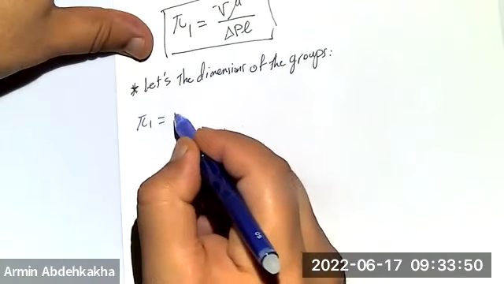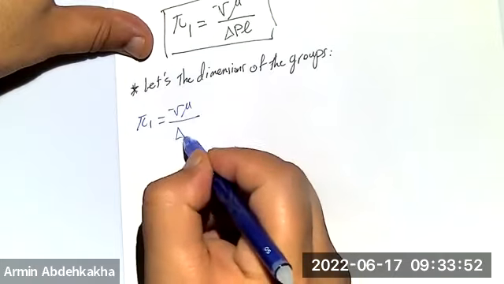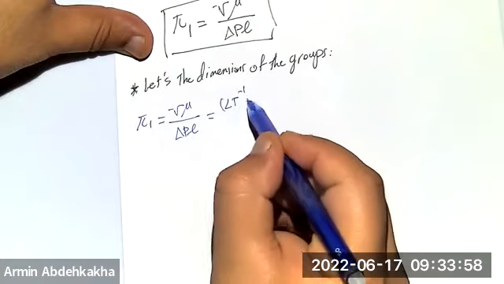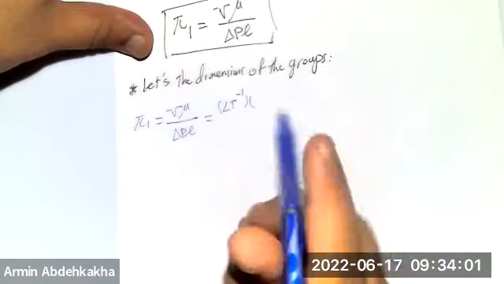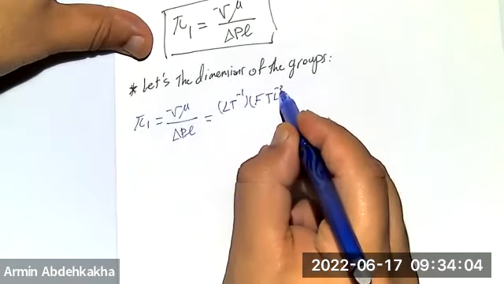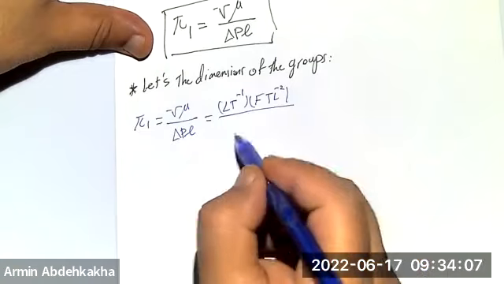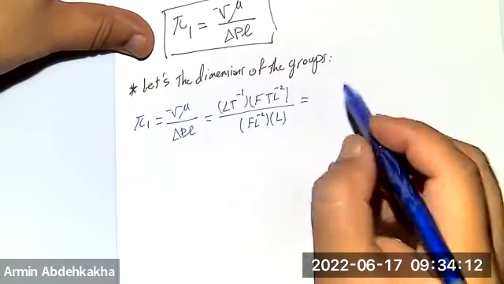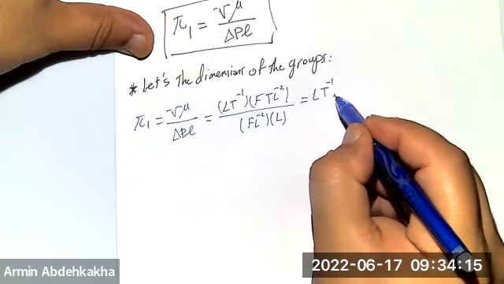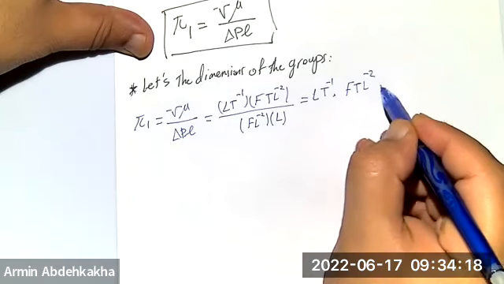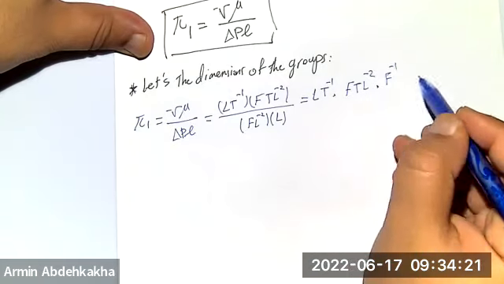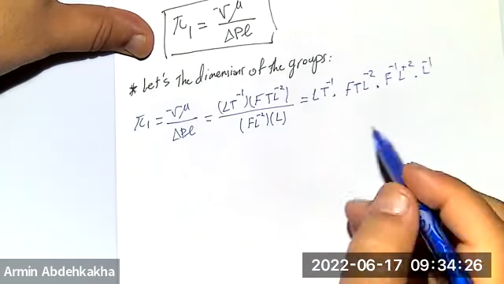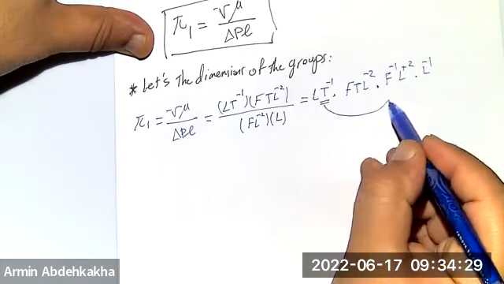Pi 1 is delta P L. The units are L T minus 1 times mu is F T L minus 2. Delta P is F L minus 2. And this is L. If you write it: L T minus 1 times F T L minus 2 times F minus 1, L plus 2 times L minus 1. Okay, so this T is going to be canceled out.